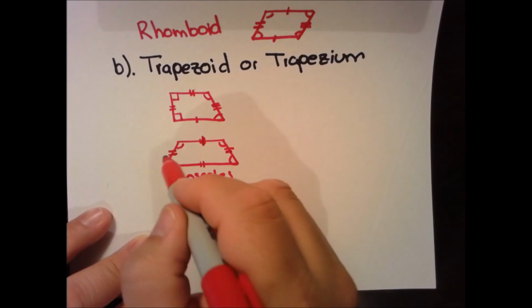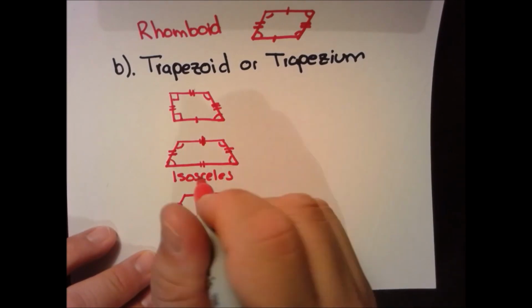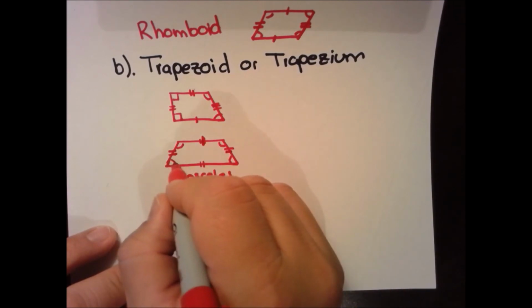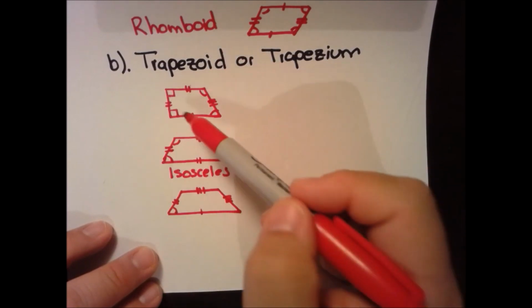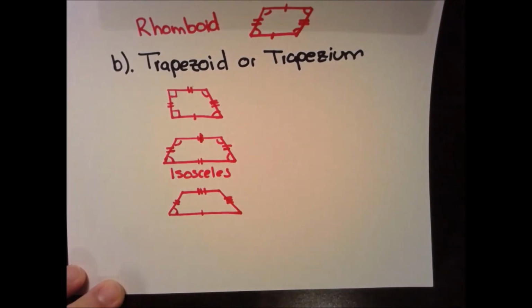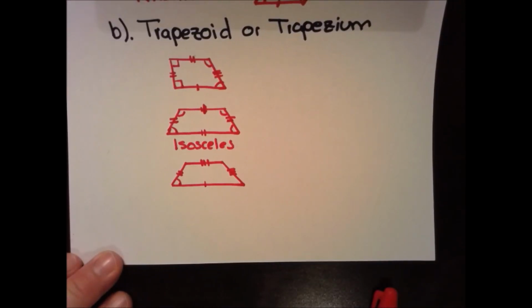Okay, same sides, different sides. It's isosceles because of these measures and because of the angles. Okay, but here we have a trapezoid, and an isosceles trapezoid. And finally we are going to talk about the last one.